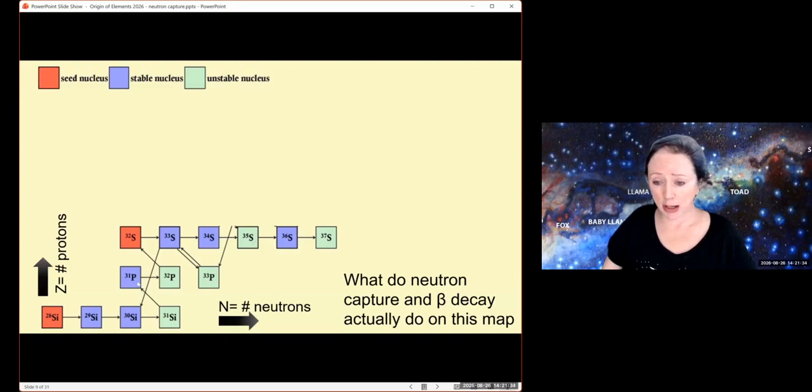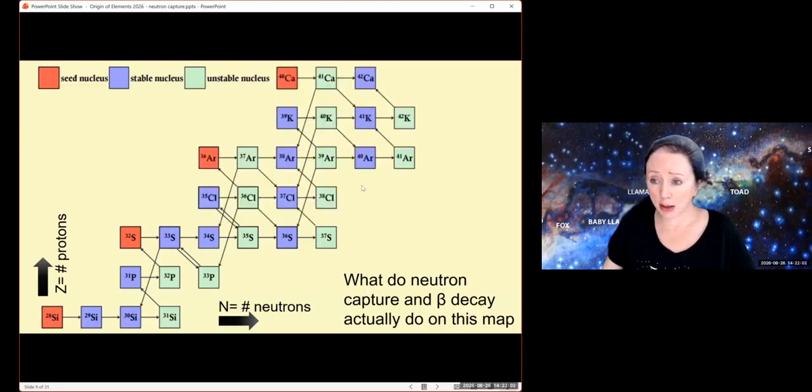Another example of this would be here with phosphorus, where it's stable at 31 nucleons, but as we add another neutron, it becomes unstable, and then that neutron can become a proton, and we get sulfur. Neutron capture pushes us to the right, and beta decay pushes us up and to the left. Now we're going to see a bit more of this map.